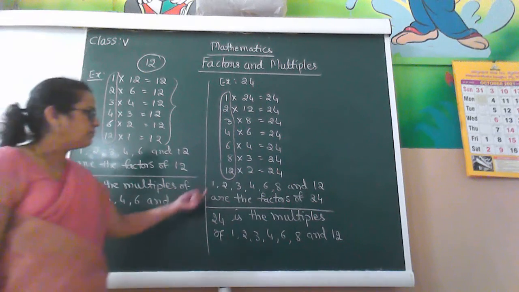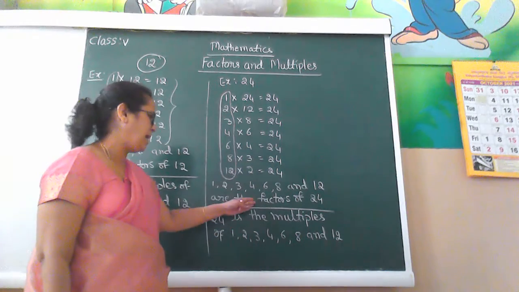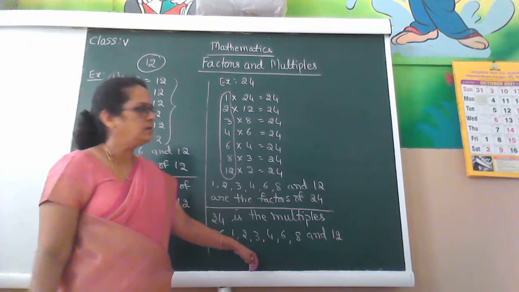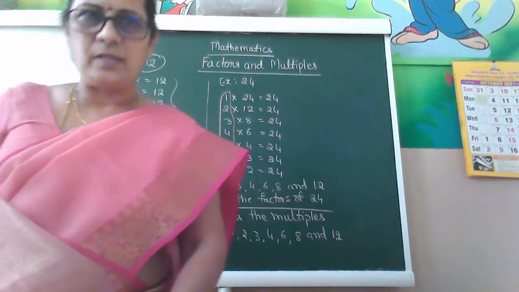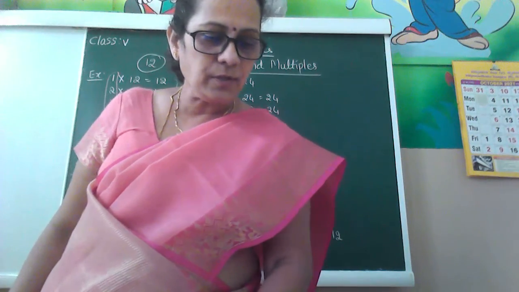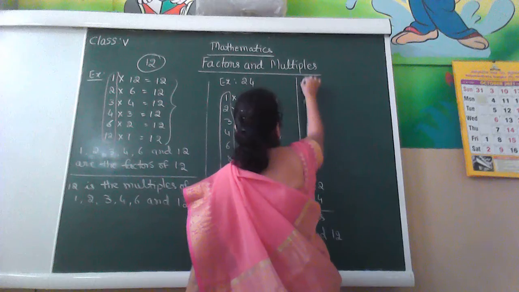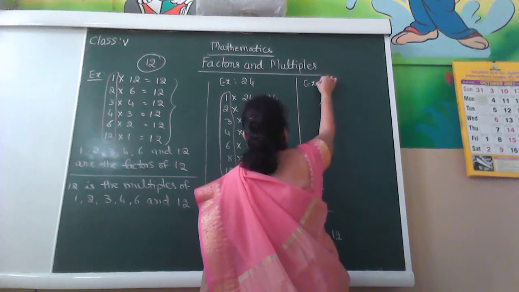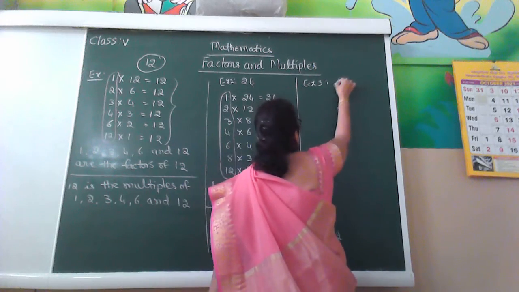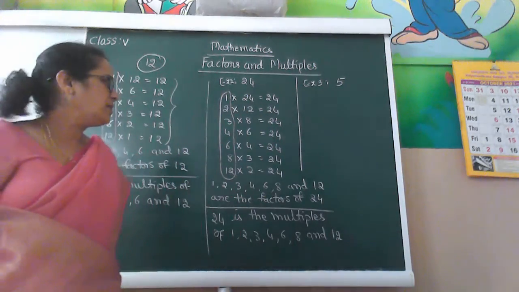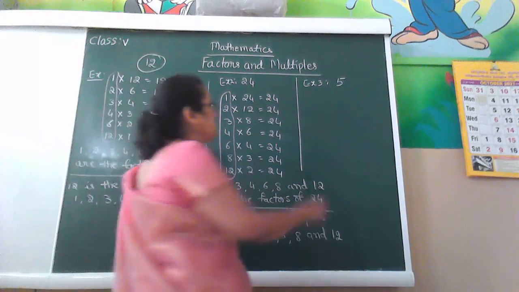So like this, if they give any number, you write like this and write their factors and also write their multiples. So just to discuss some of the numbers, see another example. If I take 5, which are the factors and multiples? You won't get many, isn't it?